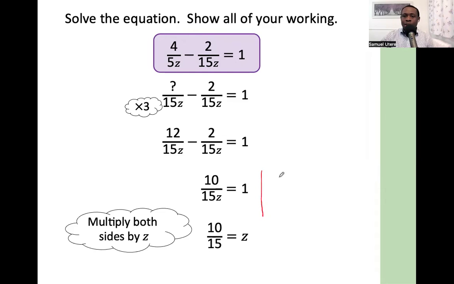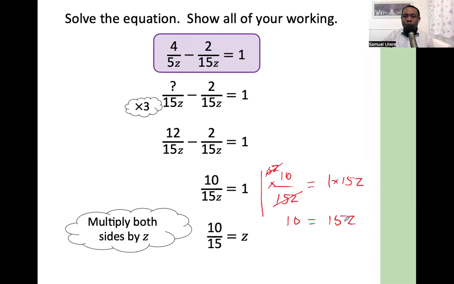So if we have 10 over 15z equal to 1, and this works even if you have a number here or something else, we need to multiply both sides by 15z. That is one way of doing it. This is now gone from this side. We now have 10 is equal to 15z.